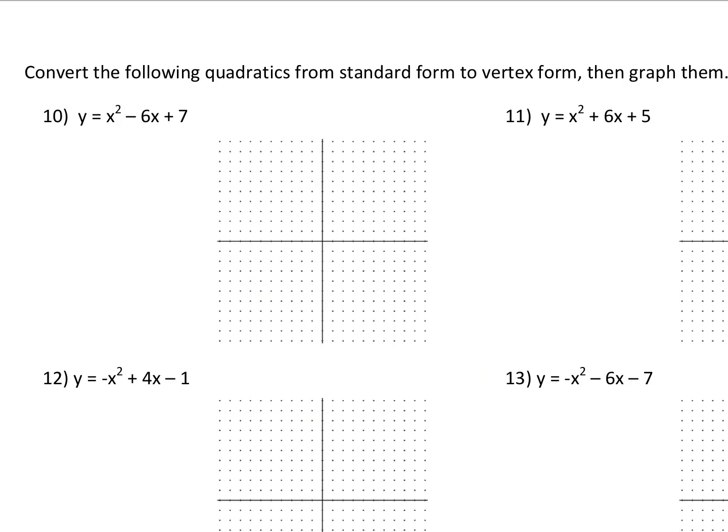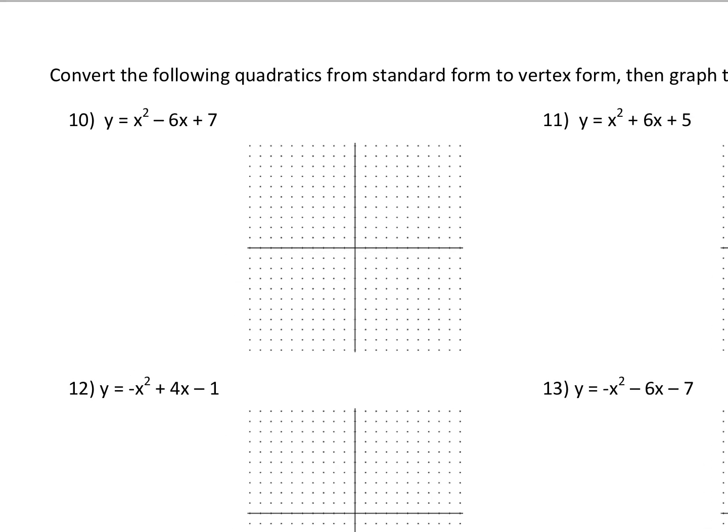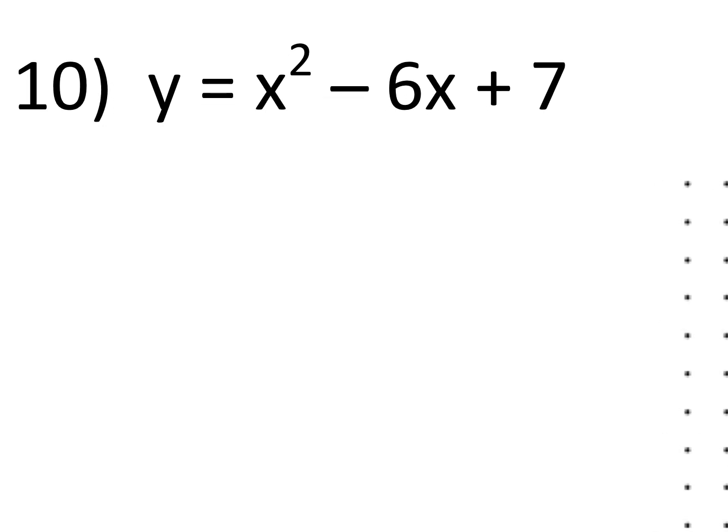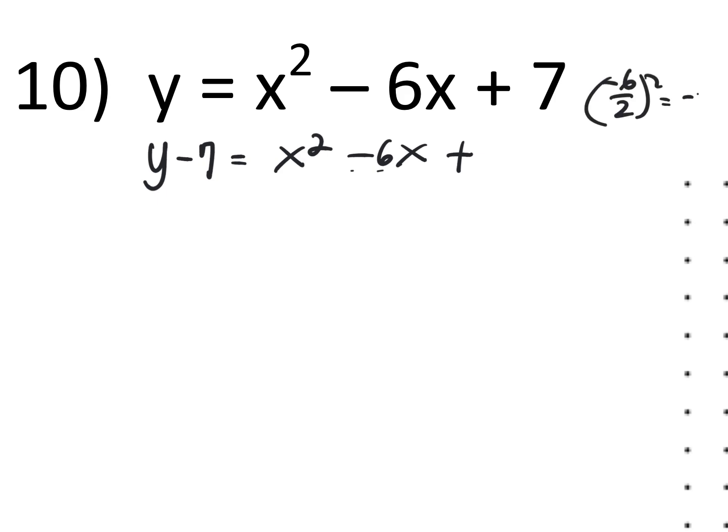Convert the following quadratics from standard form to vertex form, then graph. Number 10, vertex form. So this is going to give me y minus 7 is equal to x squared minus 6x plus, I'm just going to get this one, negative 6 divided by 2, and then squaring that is going to give me negative 3 squared.